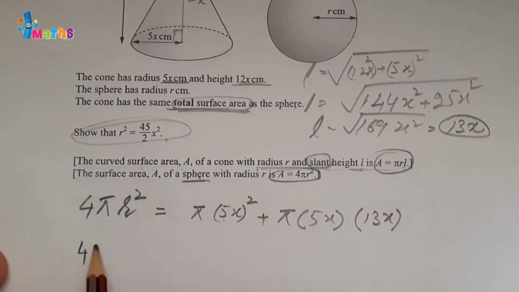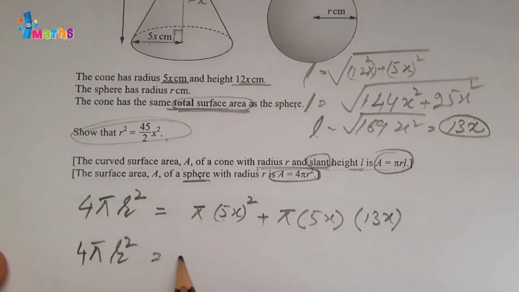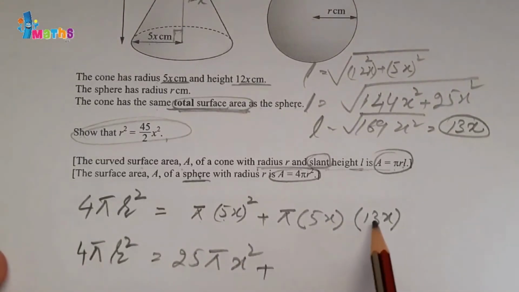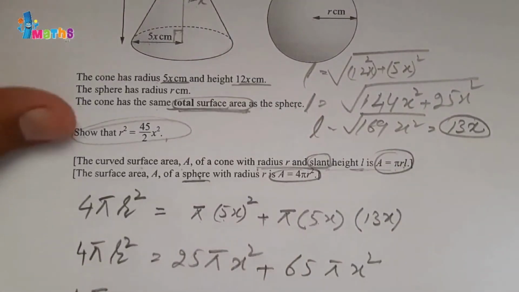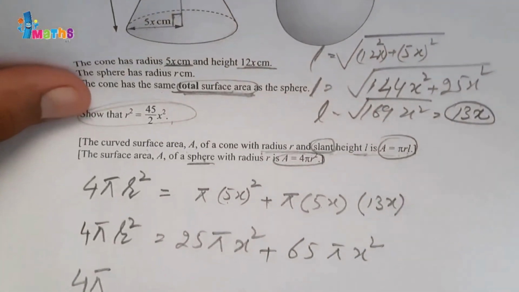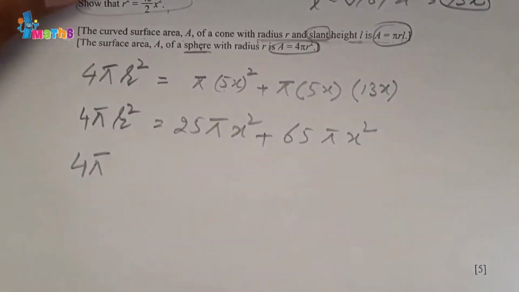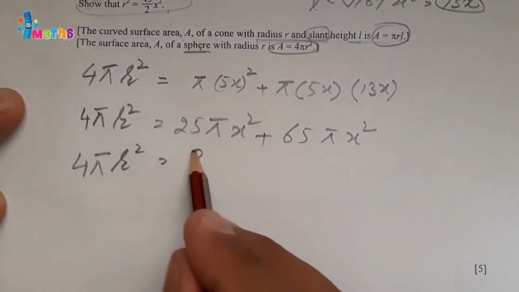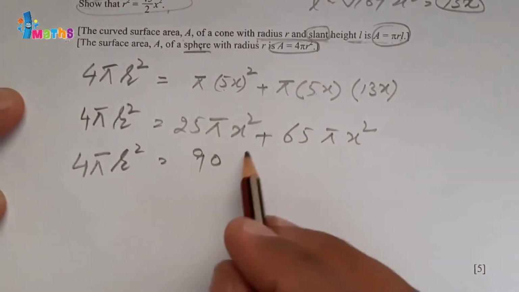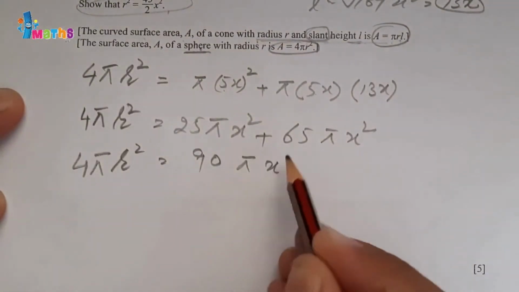So now 4 pi r square is equal to 25 pi x square plus 65 pi x square. So 4 pi r square is equal to, adding 25 plus 65, 90 pi x square.